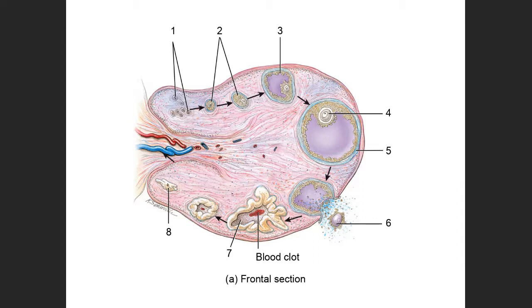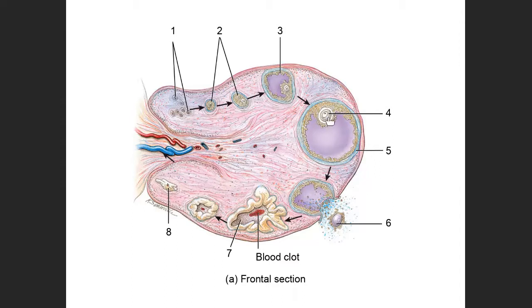Here you can see the ovary, you can see the cortex with ovarian follicle and medulla here. Number 1 are the primordial follicle, then we have primary follicle unilaminar and multilaminar, antral or secondary follicle, and then we have mature follicle.